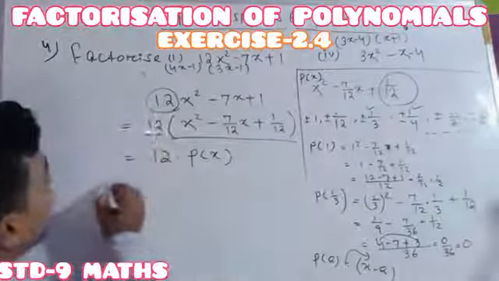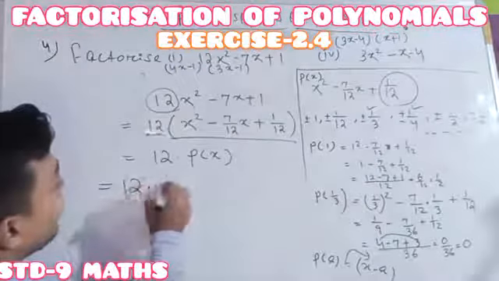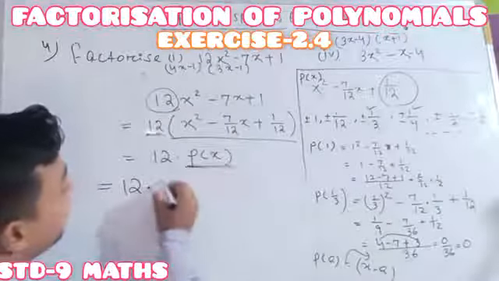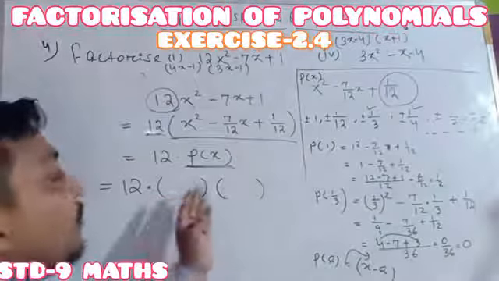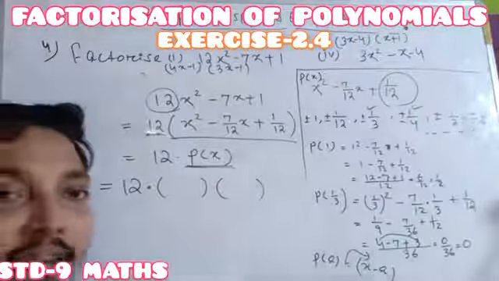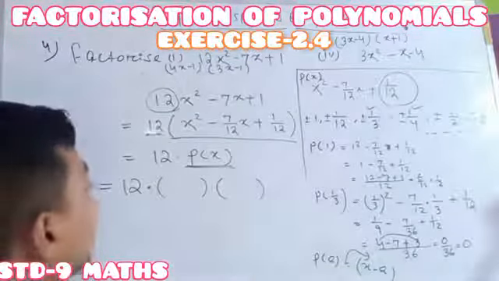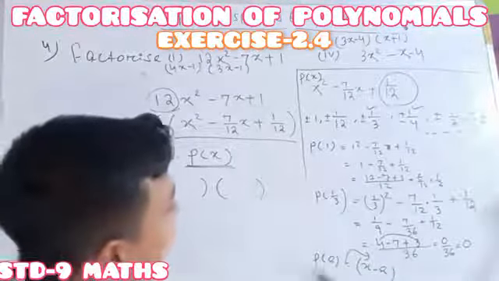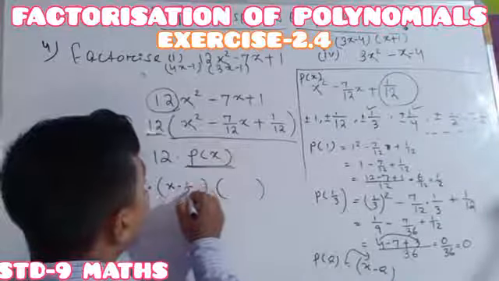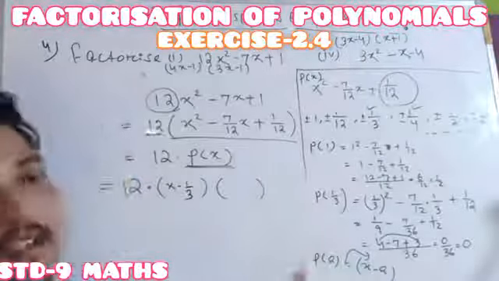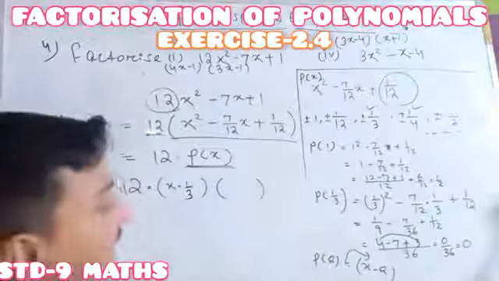So for p(x), which is a quadratic polynomial, 100% it has 2 factors. Quadratic means having 2 factors and cubic means 100% having 3 factors. See, here one factor I got, p of 1 by 3 is 0, so x minus 1 by 3 is one of the factors of this. Ready? How can we get another factor?